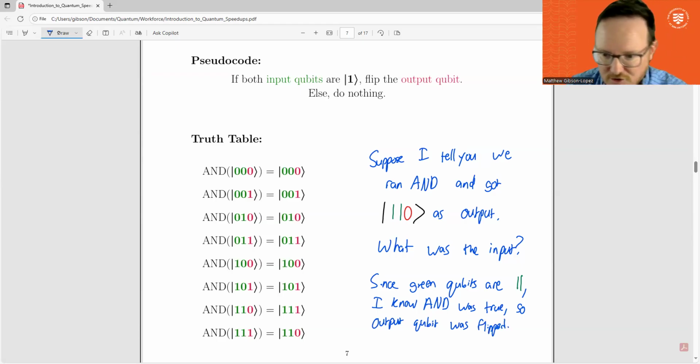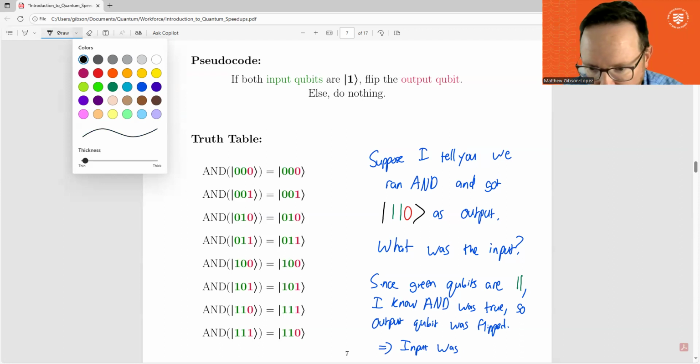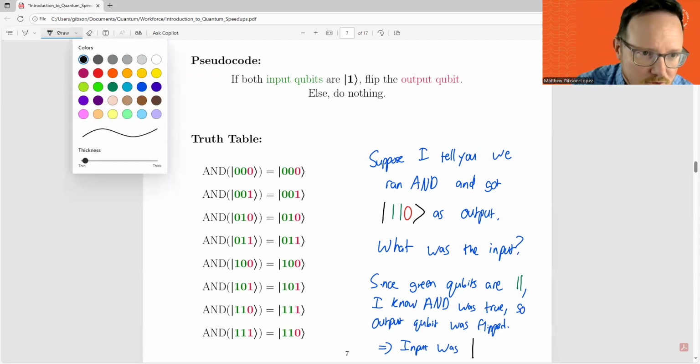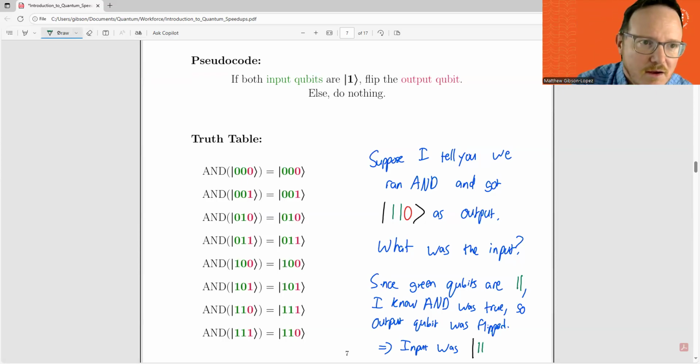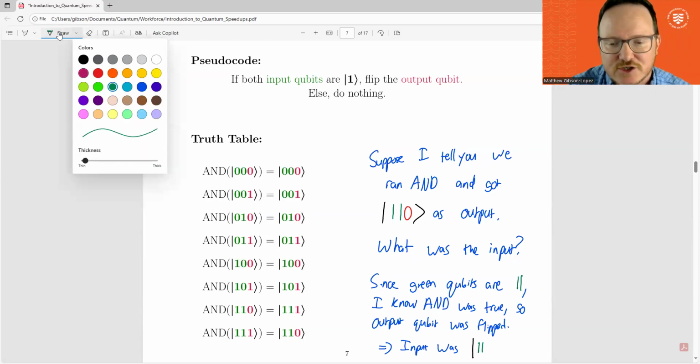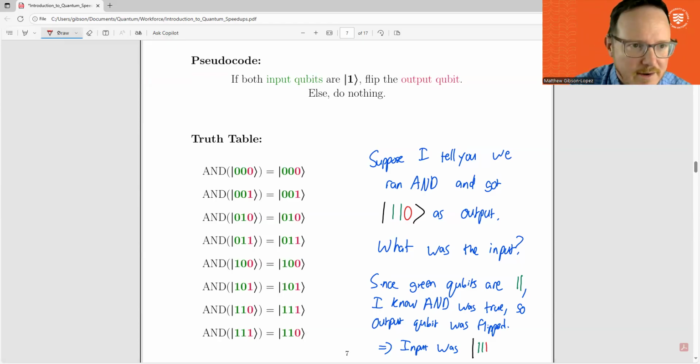Since the output qubit resulted in a 0 and it was flipped, that implies that the input was 1, 1, 1. The green qubits are always the same in the input and the output, so it would be 1, 1. I know that AND evaluated as true, therefore that red qubit had to have flipped. It ended up as a 0, so the input red was 1.